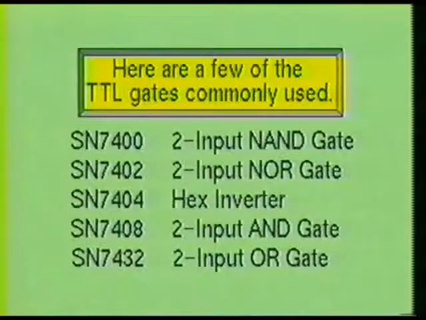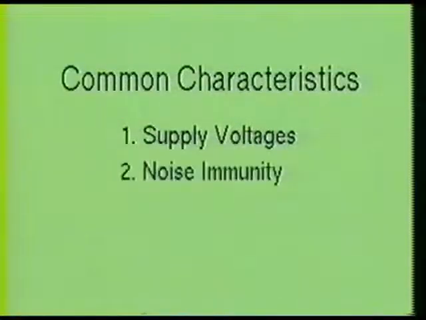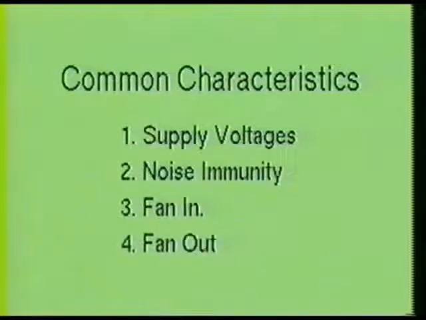Even though there are numerous TTL logic circuits available on today's market, they will all have 4 common characteristics. First, their supply voltage will be similar. Second, the noise immunity will be similar. Third, the fan-in will be limited to 1 per gate. And lastly, the fan-out will be limited to 10 per gate.